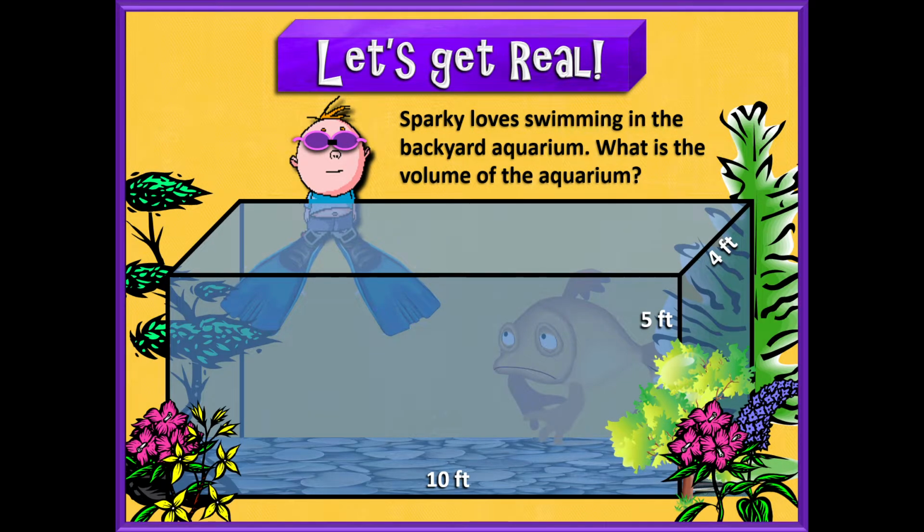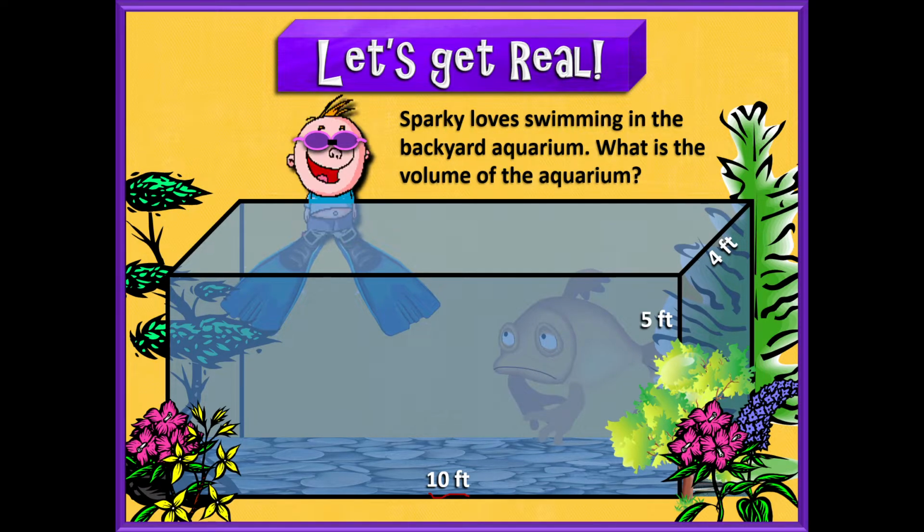Okay, next, Sparky loves swimming in a backyard aquarium. What is the volume of the aquarium? Remember, our formula for volume is length times width times height. So our length would be 10 feet.